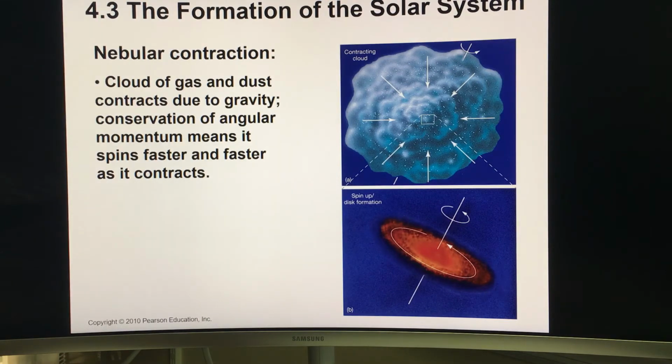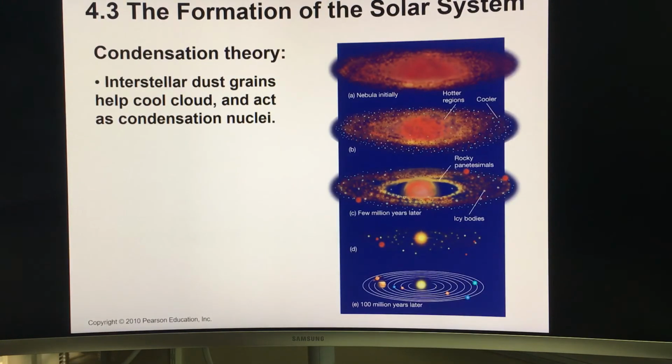As it's rotating, because of gravity again, the materials will be attracted to the center, but then the center becomes very crowded. When it's crowded, the temperature will go up. The temperature keeps increasing, until it is hot enough to ignite thermonuclear reactions, which is the fusion process here.